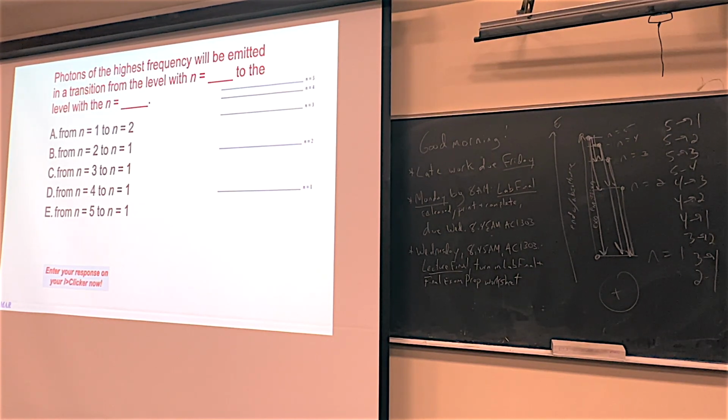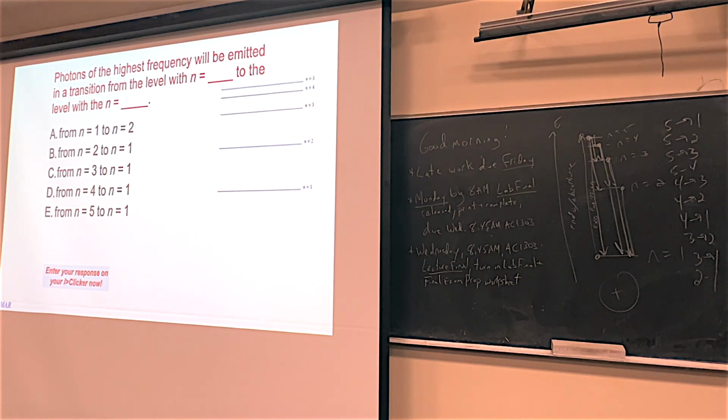They'd all give you negative joules, kilojoules, whatever. And because the y-axis is an energy axis, you can tell which is the biggest energy based on which one is the biggest arrow. So of all of these transitions here, which one is going to be the highest energy transition? 5 to 1. 5 to 1, well done, that's right. It's the biggest arrow, the biggest drop, if you will.